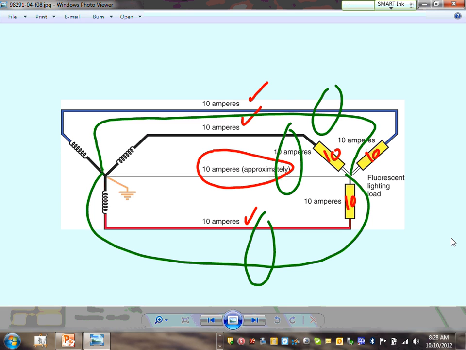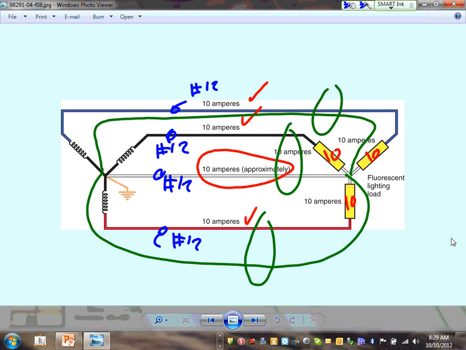Now, solution number 2 is to make all the conductors the same size and stay as is. If this is number 12, and this is number 12, and this is number 12, and this is number 12, who cares if the neutral is carrying 10 amps?